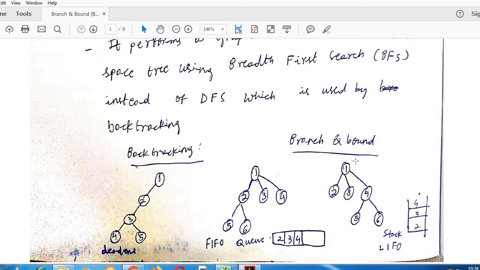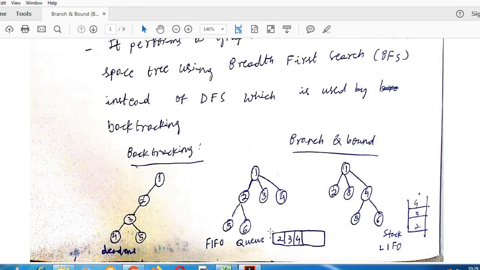Whereas in branch and bound algorithms, we'll be using breadth first search. In breadth first search, we'll first traverse the root node, then we'll traverse the next level nodes. Here the next level nodes are node 2, node 3, node 4. Then I will traverse the nodes associated with node 2, that is node 5 and node 6.